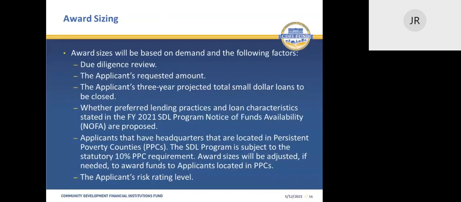We'll also look at your lending practices and loan characteristics, as I stated a couple of slides ago. And we will also consider applicants that have headquarters located in persistent poverty counties.